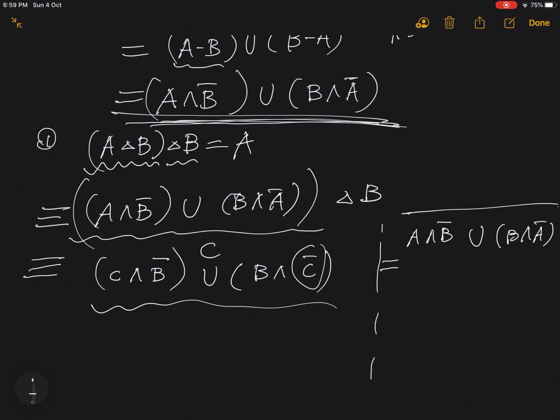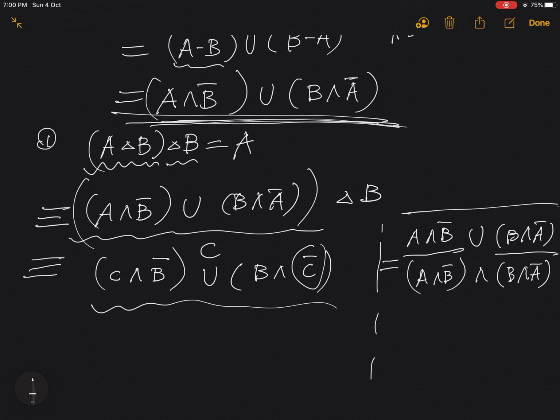Okay, it's just like a negation, so we need to take the complement inside. Firstly, we take a negation of the first part, and then change the union into intersection.